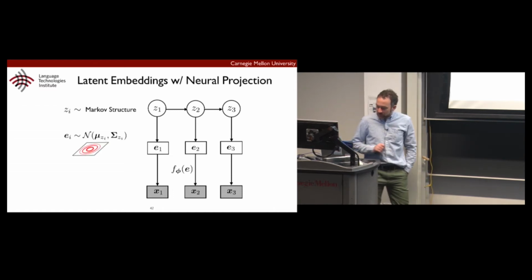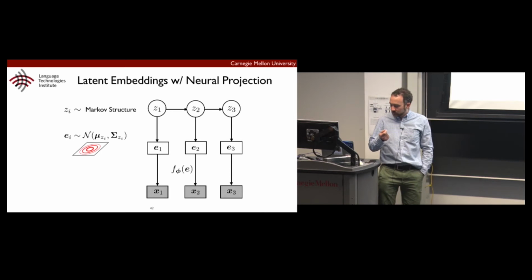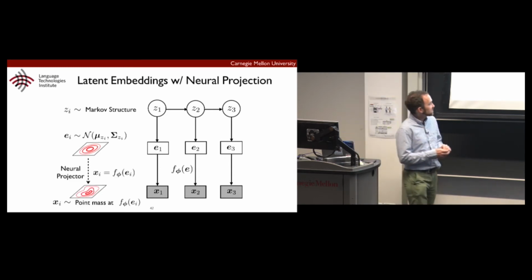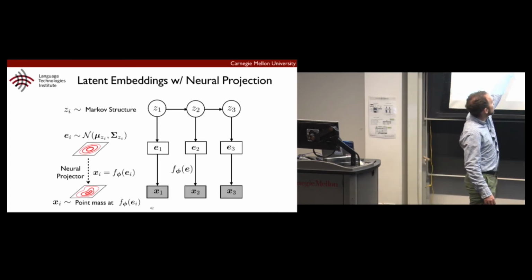Each of these hidden Markov model states has a regular Gaussian, like the ones we're used to. But in addition to this, we have a projection of this probability space into a more complicated probability space.